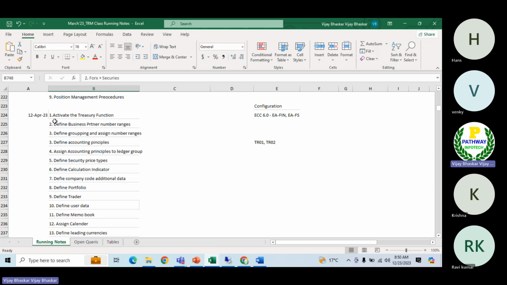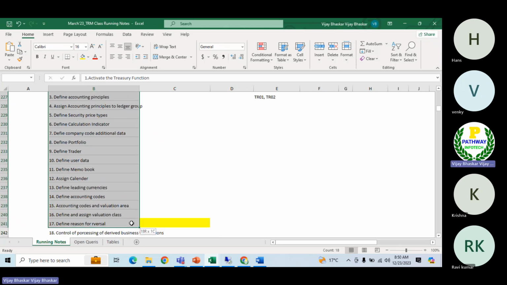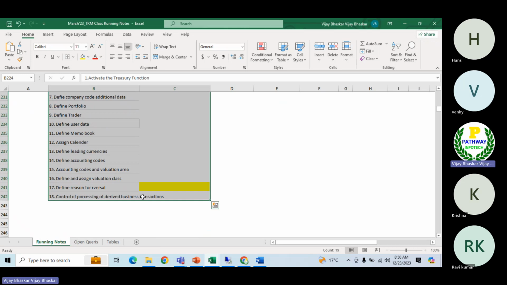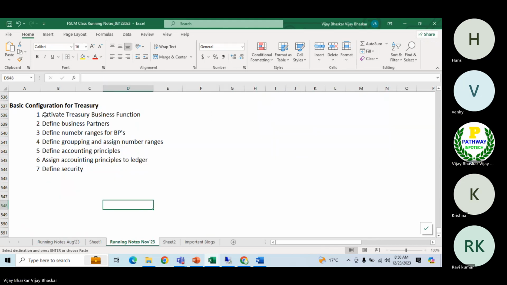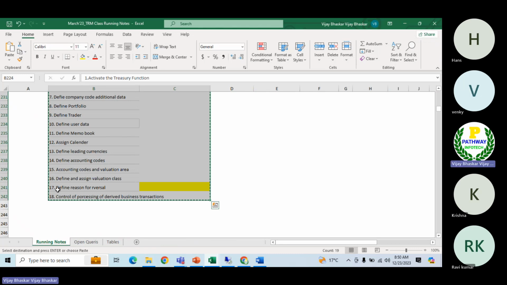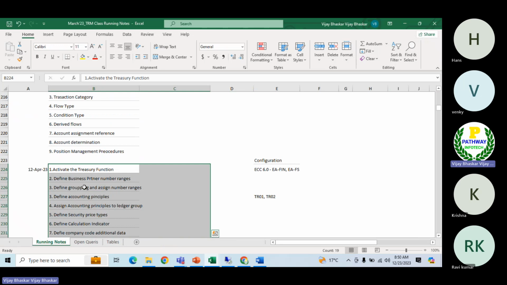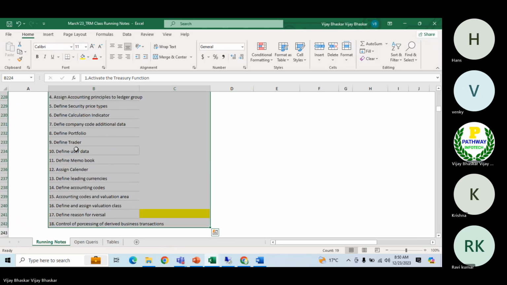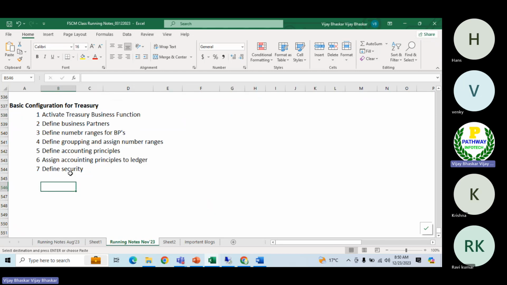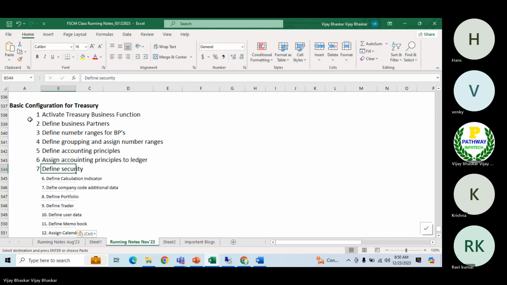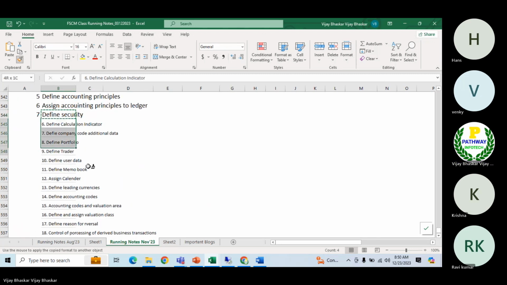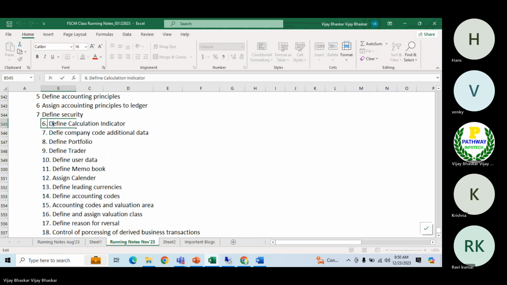Activate treasury functions, yes, this is already there. We can utilize this, right? Okay, which is already combined. Define security, define security price types, define calculation. Let me copy from here because we have to adjust again. Remove altogether, I'll adjust.